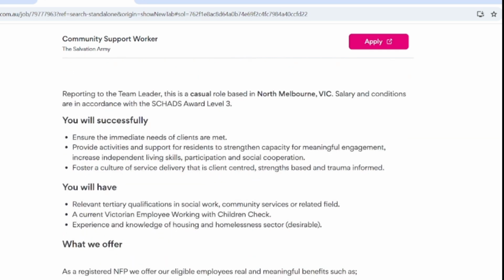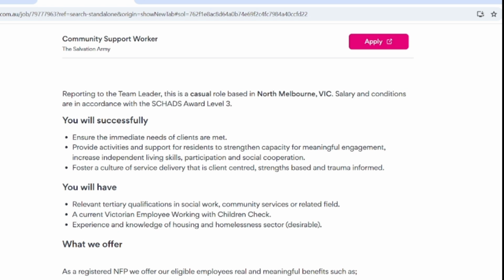Ensure the needs of the client are met, provide activities and support for residents to strengthen capacity for meaningful engagement, increase independent living skills, participation and social cooperation, and foster a culture of service delivery that is client-centered, strength-based, and trauma-informed.